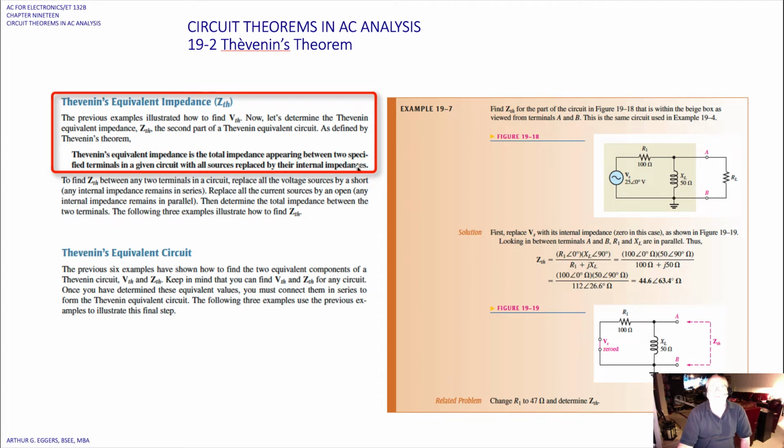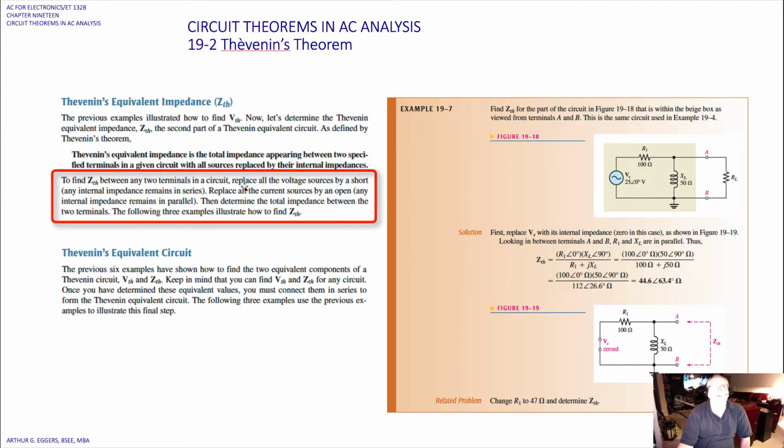So to find Z Thévenin between two terminals in a circuit, we replace all the voltage sources by a short. Any internal impedance remains in series. Replace all the current sources by an open. Any internal impedance remains in parallel. Then determine the total impedance between the two terminals. The following three examples then illustrate how to do that.